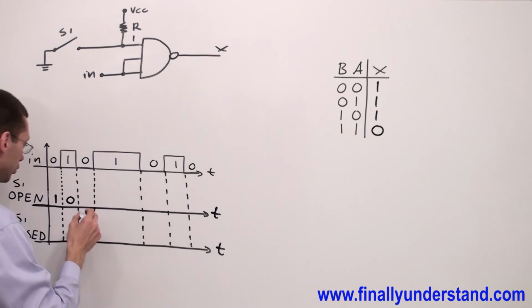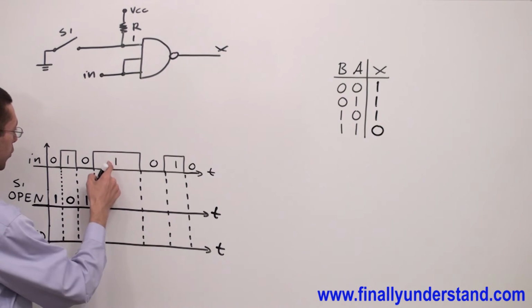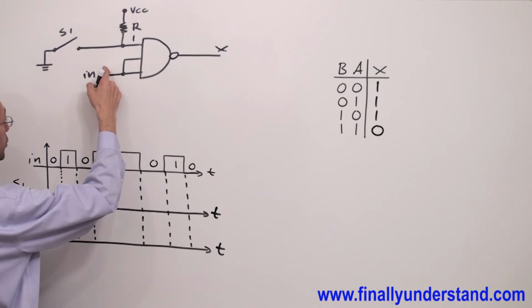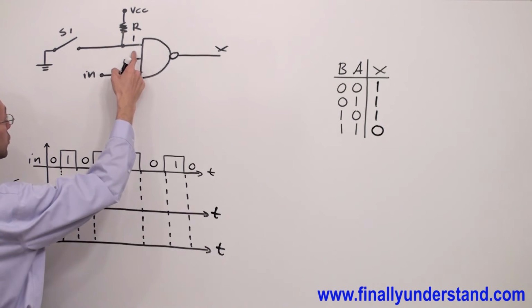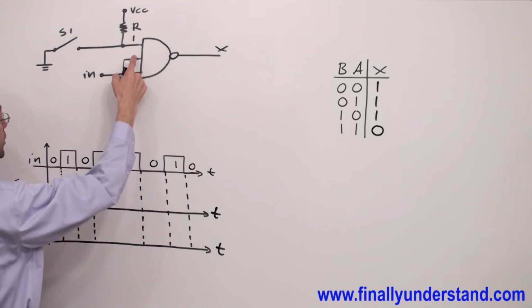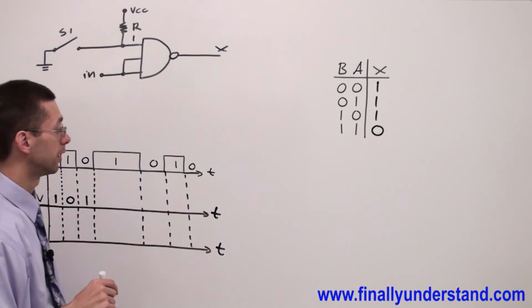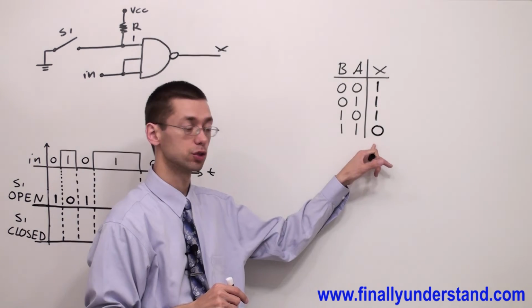That's why I'm going to have high at this time. Now, if I'm going to apply this one to this input, this one will go to input 2 and input 3. When all inputs of my NAND gate are high, output is low.